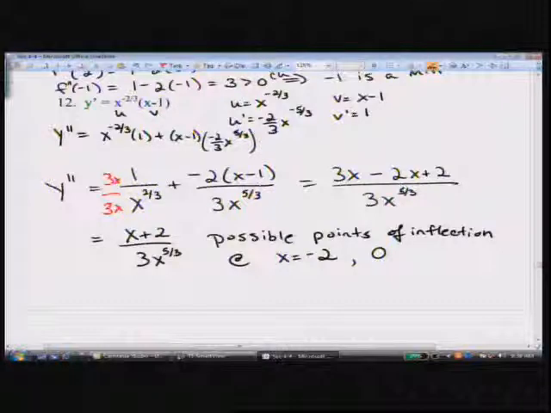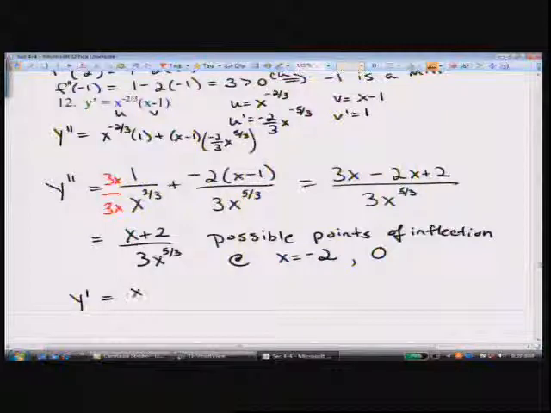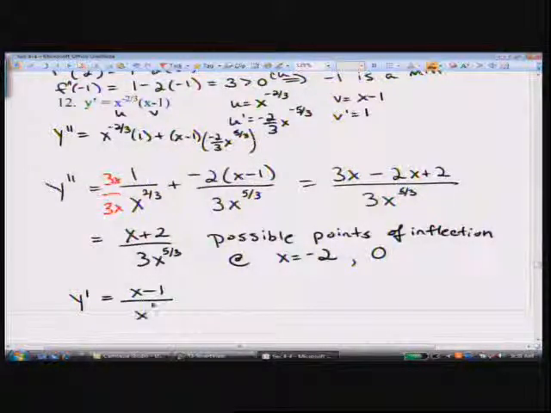Okay, and so what about that first derivative? We didn't look at him too much. We just jumped right into the second derivative. But here's the first derivative. It is x minus 1 over x to the 2/3, like that, because it was x to the negative 2/3. So these are critical points.